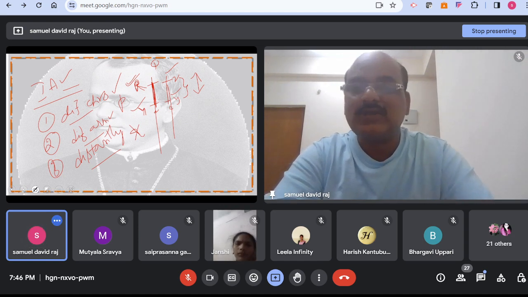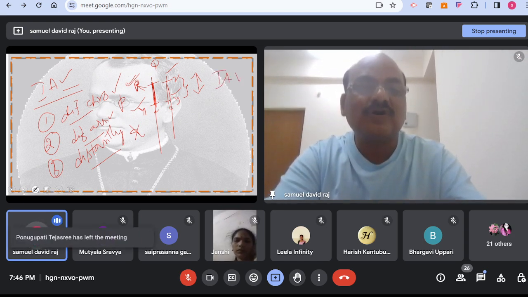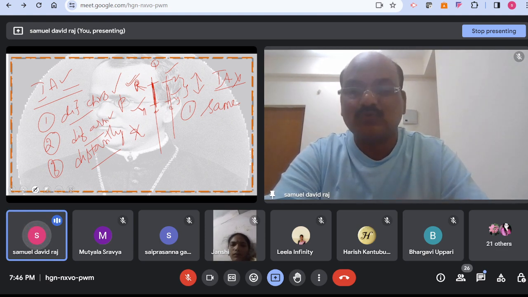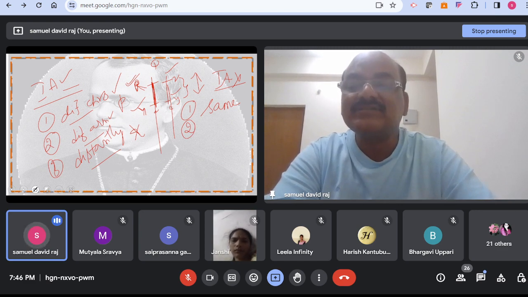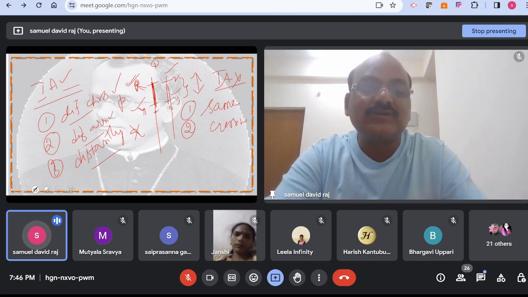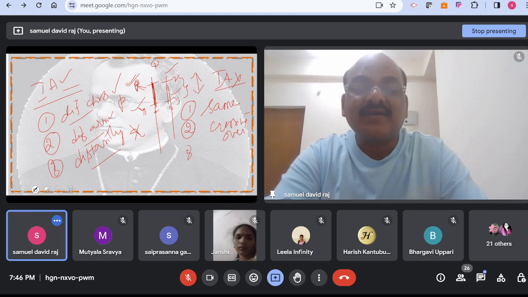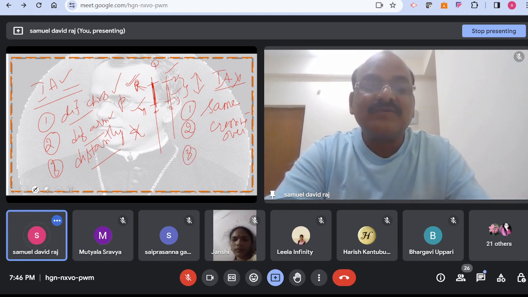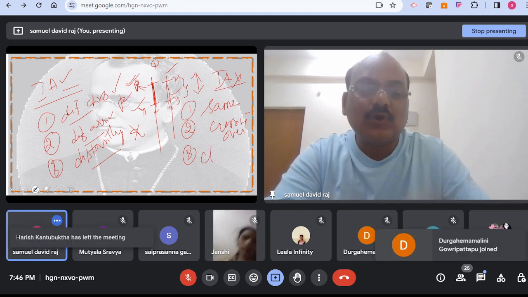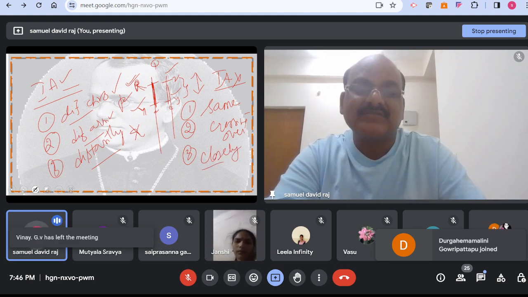In other words, let us say the opposite. Independent assortment is not possible when the genes responsible for the two pairs of contrasting characters are present on the same chromosome, on different arms of the same chromosome but crossing over did not take place, or on the same arm if they are closely present.